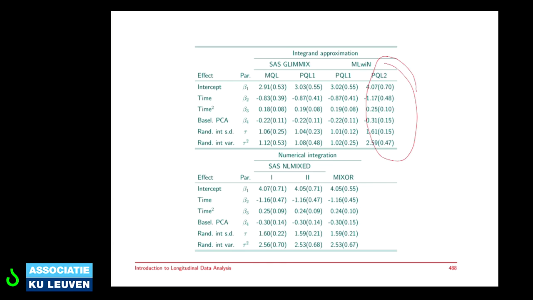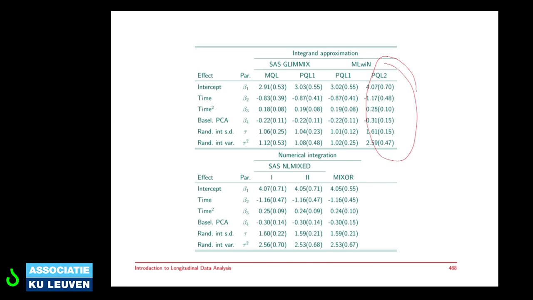The variance of the random intercept here is 2.6. It was 1 point something in the NTP data, so relatively low. It was 16 in the toenail data set, so much higher, but already with this value here, we see the downward bias with PQL1, with MQL, etc.